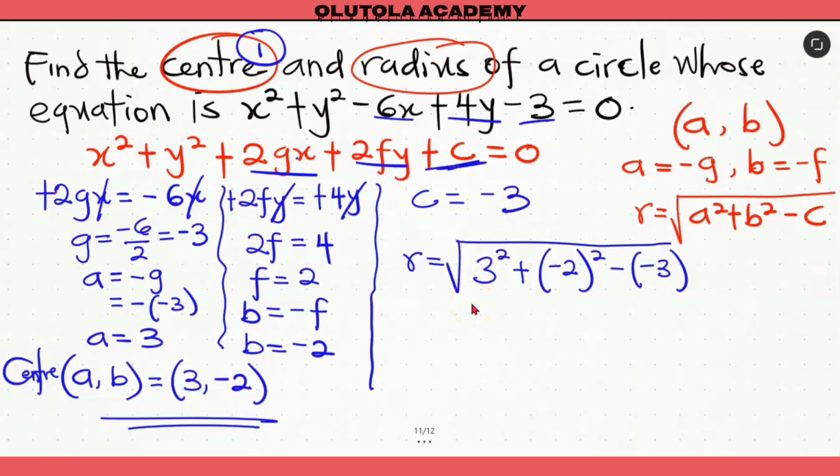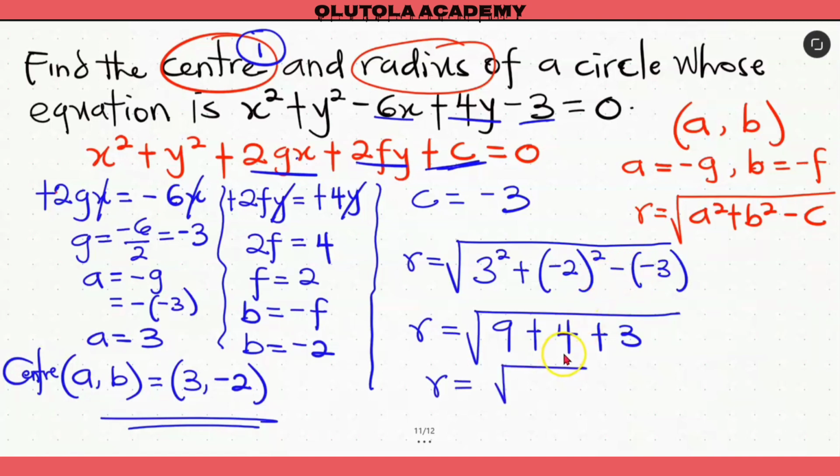So I will have r to be the square root of 9 + 4 + 3. That's minus times minus. So I get 9 plus 4 is 13, 13 plus 3 is 16. I have r equals 4.